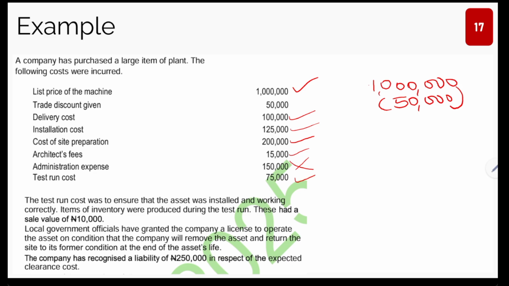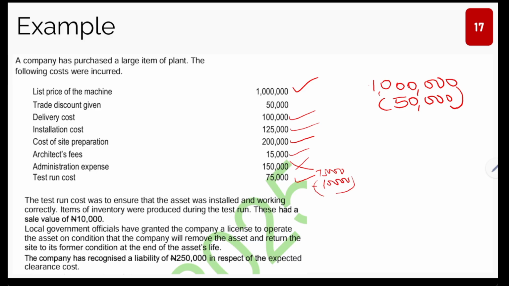Then we're told that with that same test run, we were able to produce inventory from it, and that inventory has a sale value of 10,000. So that means the cost will then reduce by that. So this 75,000 will reduce by 10,000.